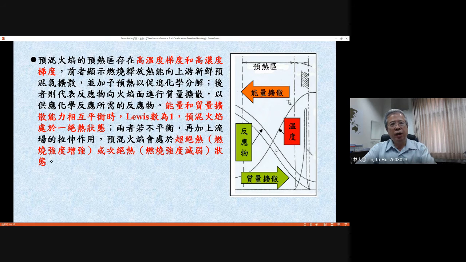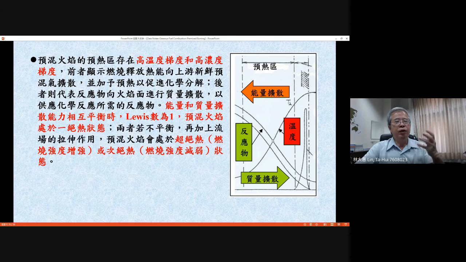Those reactants will be completely consumed when the chemical reaction completes, except for some additional reactants left if the mixture is not at stoichiometric ratio. But you can see they still have a so-called concentration gradient in the preheating zone for both fuel and oxygen.